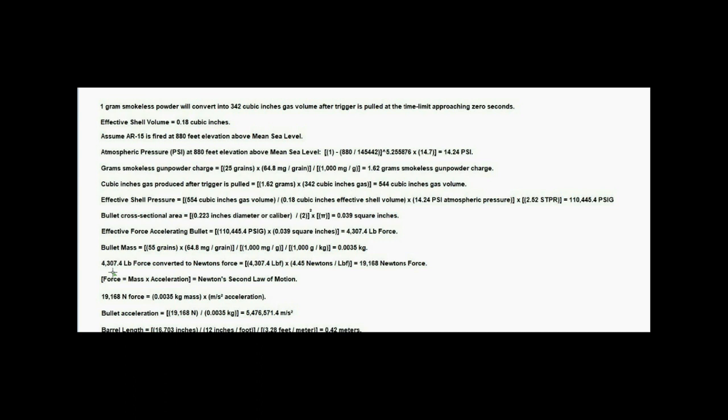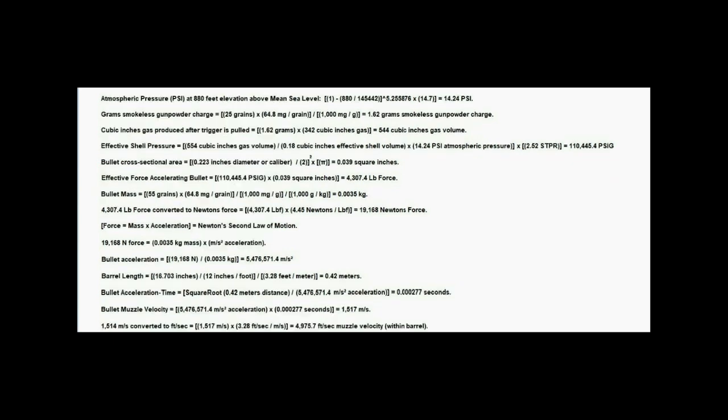We convert this value into the Newton's force metric equivalent of 19,168 Newtons of force, and then we divide this by the kilograms mass of the bullet to compute the bullet's acceleration, which is equal to 5,476,571.4 meters per second squared.